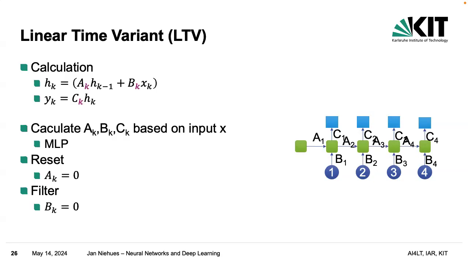What the plan is for today is that we will continue first with what we started last week on the state space models. We'll finish this today, and then in the second part, we will take a bit of an overlook.